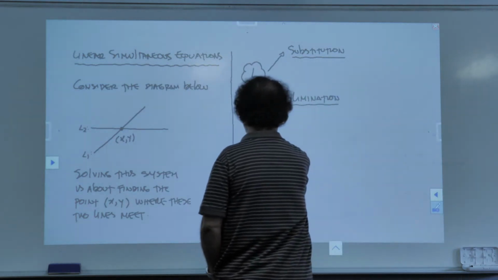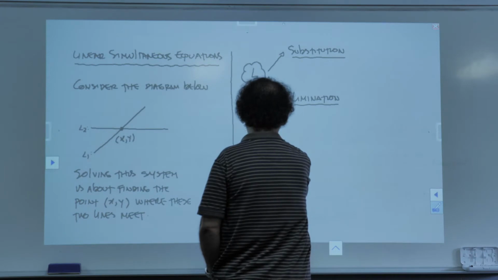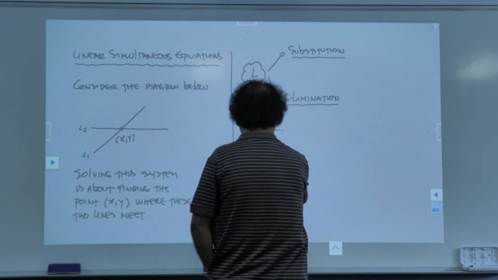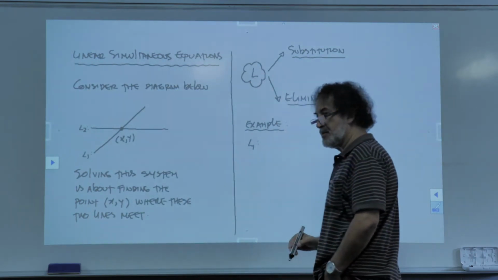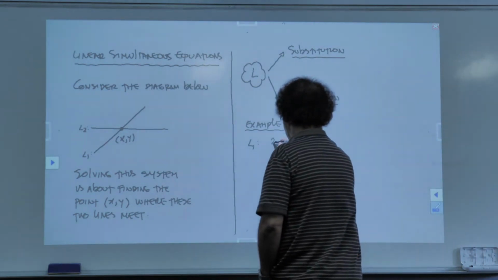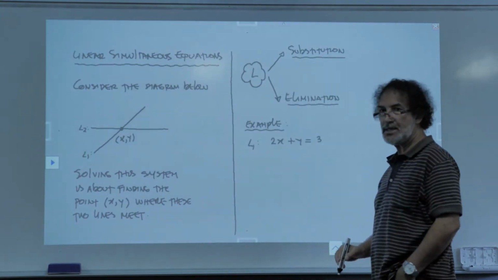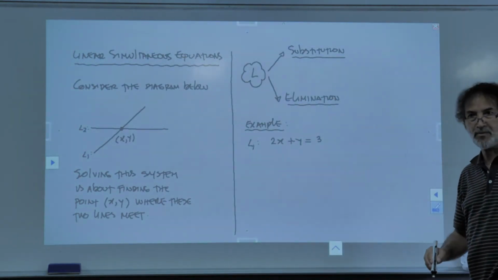Example. Okay, let's say that we have two lines. The equation of the first line is 2x plus y equals 3. So that is my equation 1.